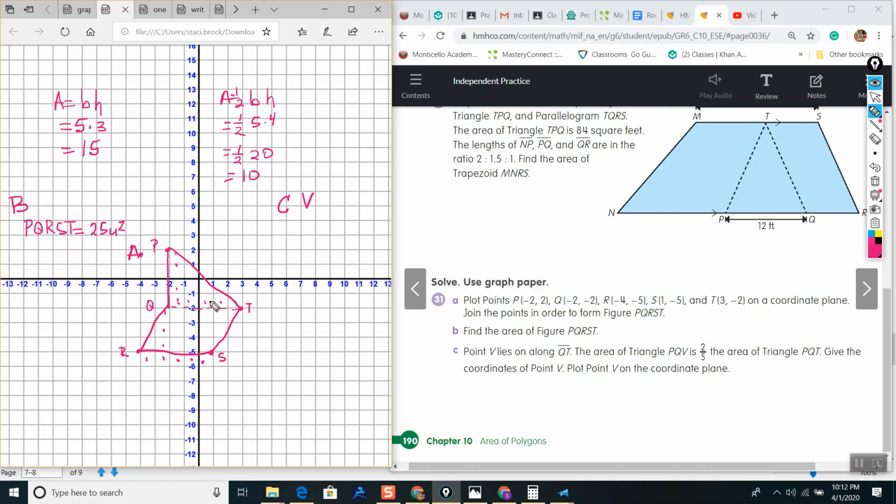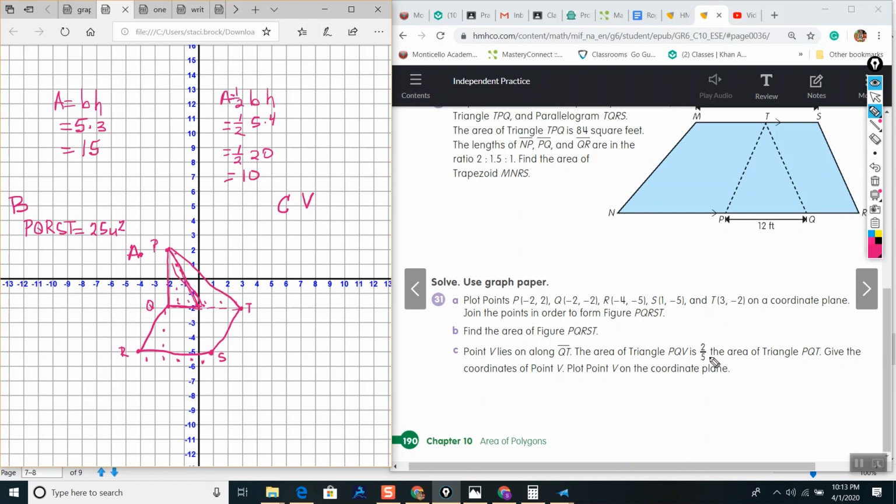So somewhere here in PQT, we have point V, so it's going to make some kind of smaller triangle here, right? Let's just imagine maybe we have a triangle that's going to go right here, okay? All right, but we don't know where that's at.